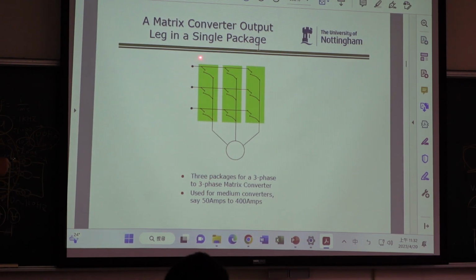Each output line uses one module. So one module, one module, one module: 3 modules, 3 packages for a 3x3 matrix converter. Used for medium converters, say 50 ampere to 400 ampere. So you need 1, 2, 3 packages. This is very good.